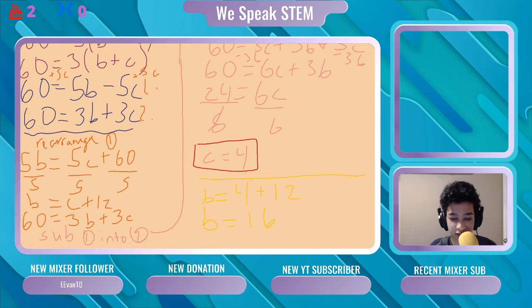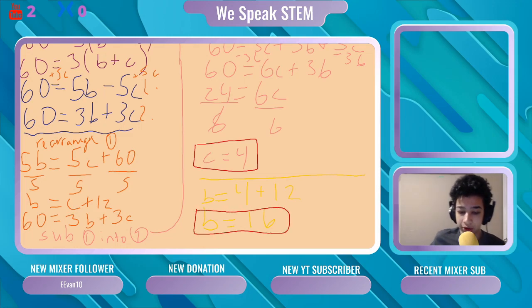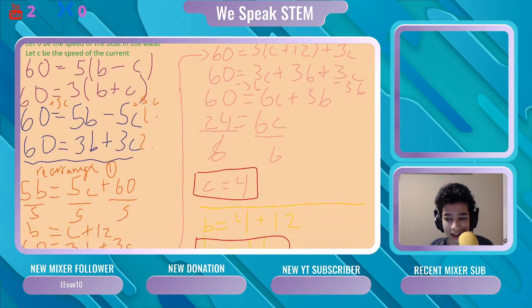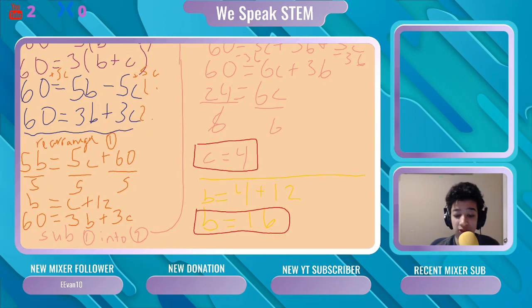I believe that makes sense because b is the speed of the boat. We're in kilometers an hour. So the speed of the boat is 16 kilometers an hour, and the speed of the current is 4 kilometers an hour. So we can write that in a therefore statement.